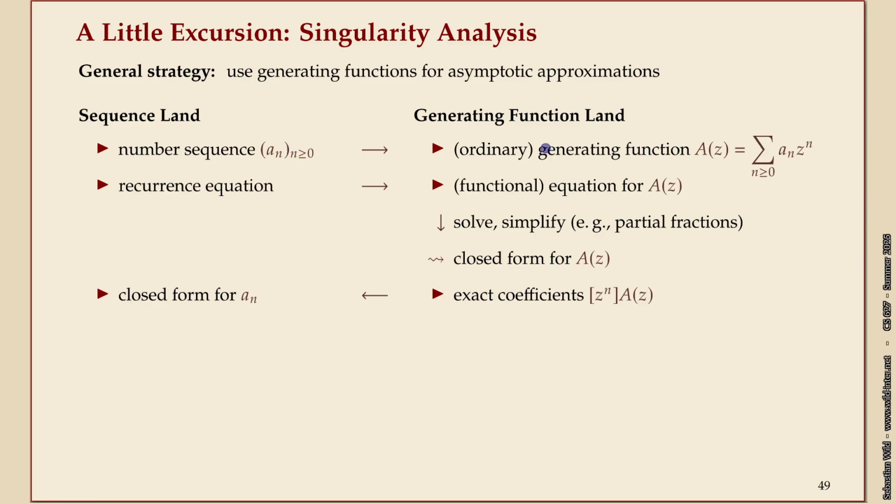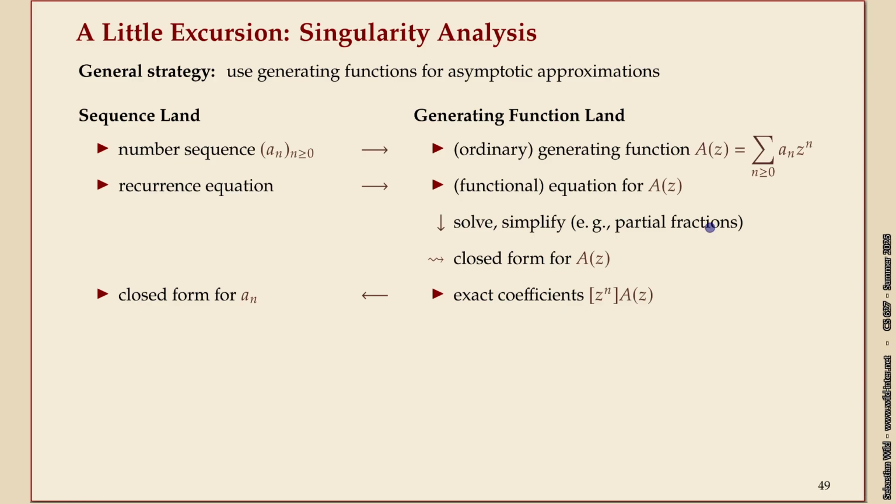So we translated it to generating function land, specifically these ordinary generating functions. And then used basically algebraic equations in this generating function land to modify what we got from the recursion. So specifically here, the recurrence equation gets a functional equation for the generating function, which you could solve and simplify.